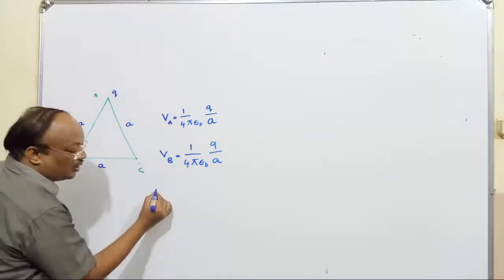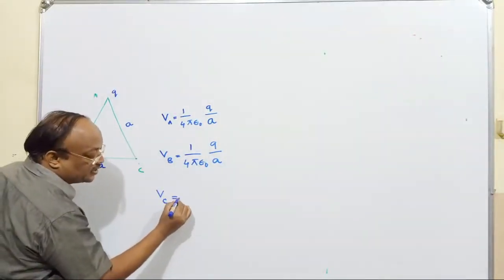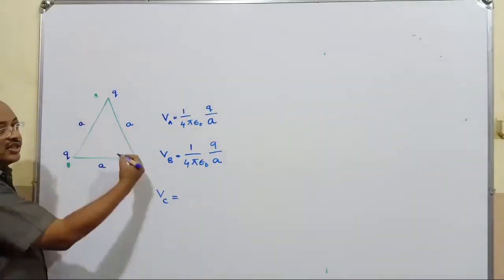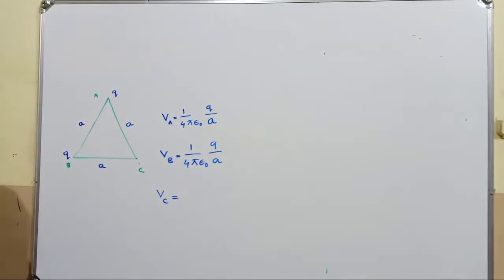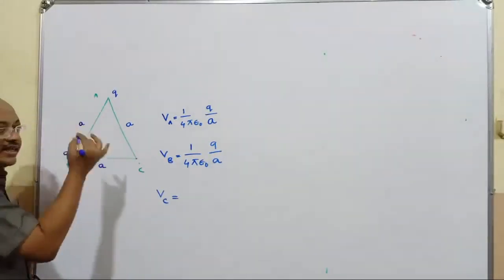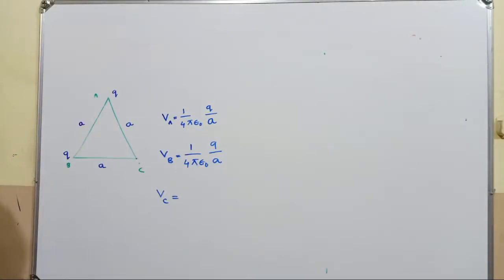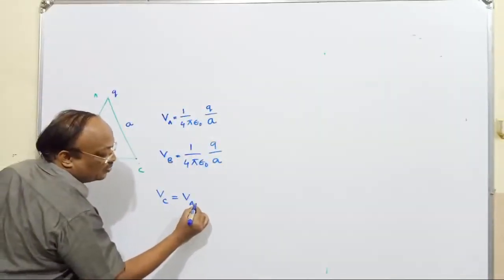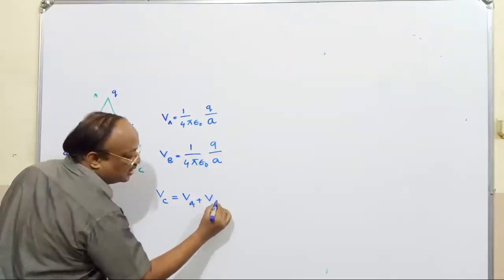So VC is equal to, we just have to do the normal algebraic addition here, since potential is a scalar quantity. So VC is equal to VA plus VB.